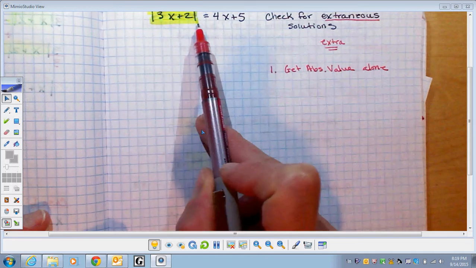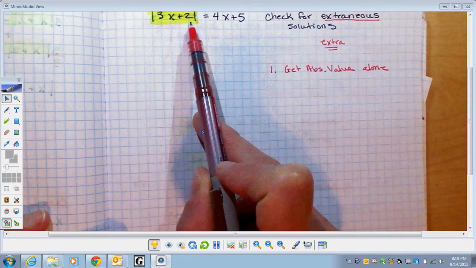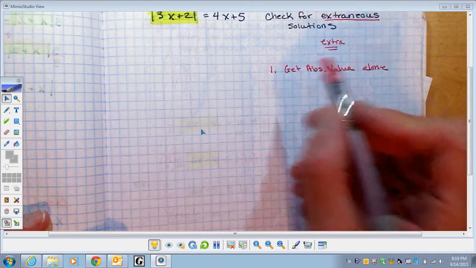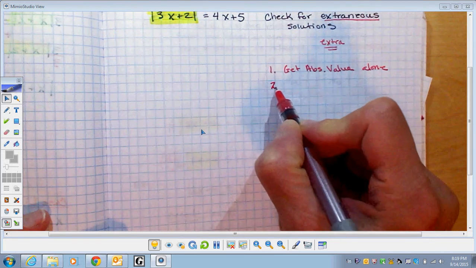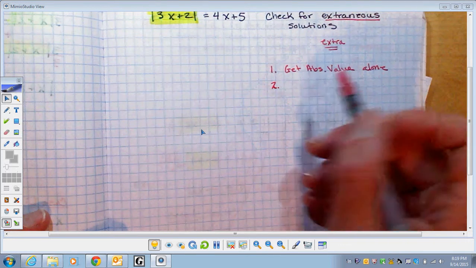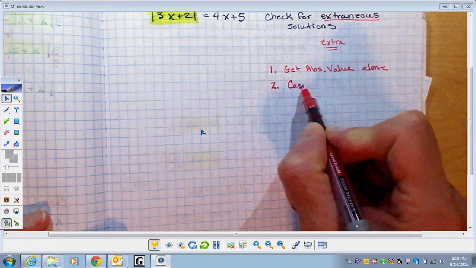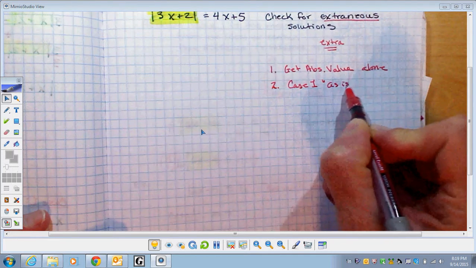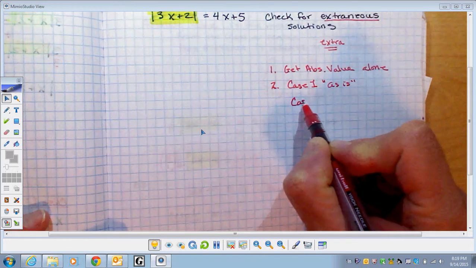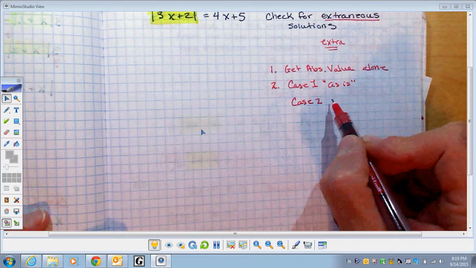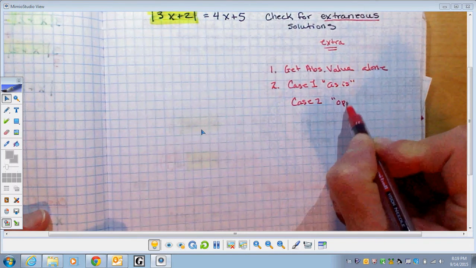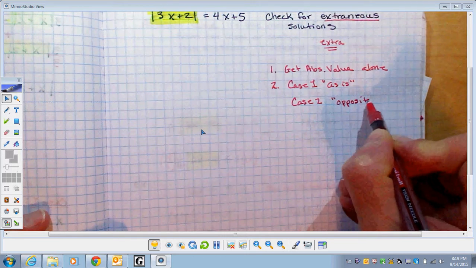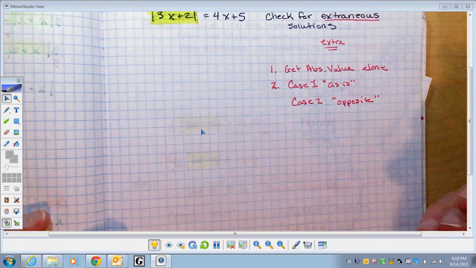So here, the absolute value is all by itself on the left side of the equal sign. So then we go to rule 2. We have to set up case 1, which is as is, and case 2, which is opposite. Again, same rules apply.